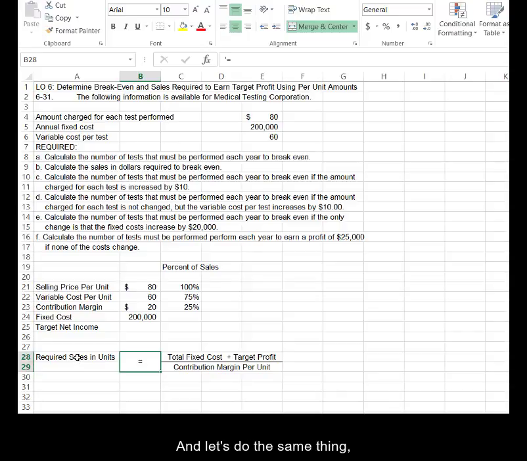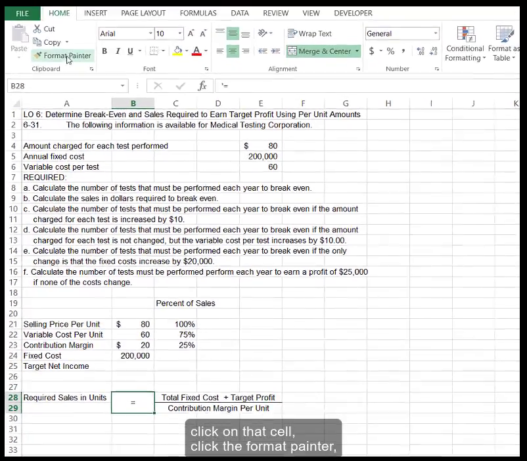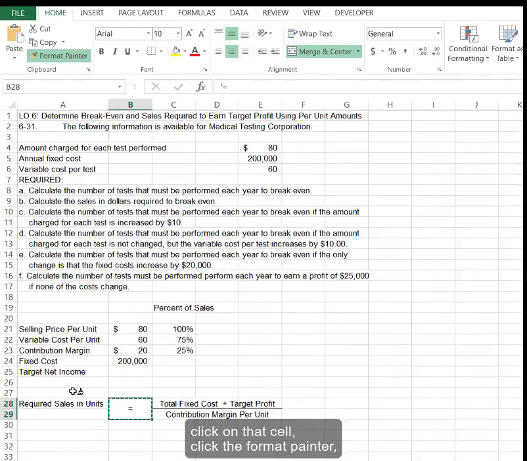And let's do the same thing. Well, if we're doing the same thing and we have it once, can't we just copy the format? We have cell B selected. This is B28 and 29. It's really B28. There is no longer a B29. Click on that cell. Click the Format Painter.